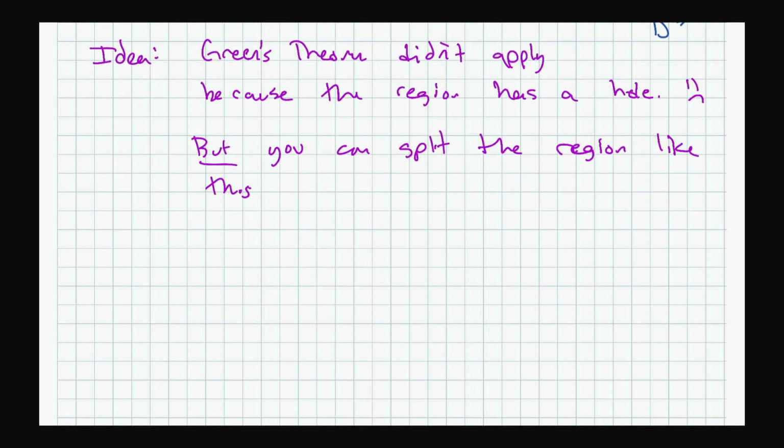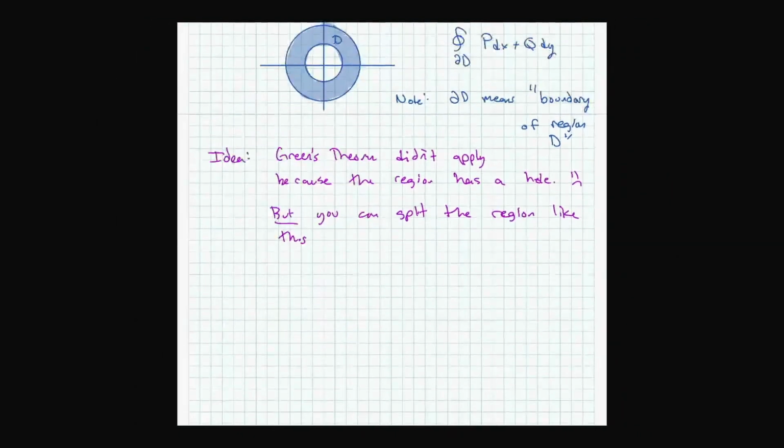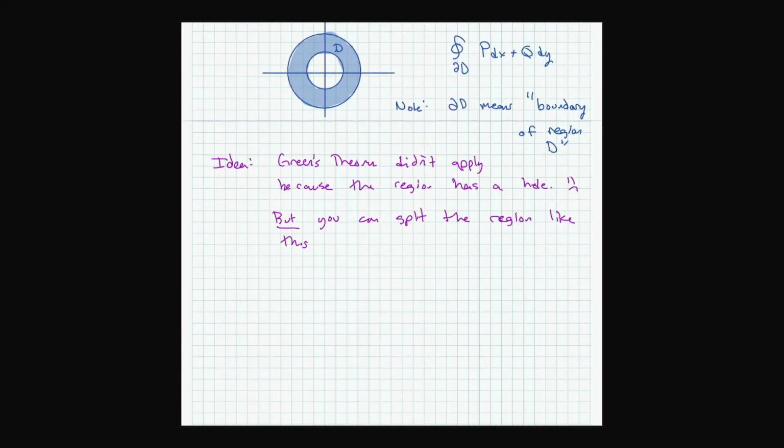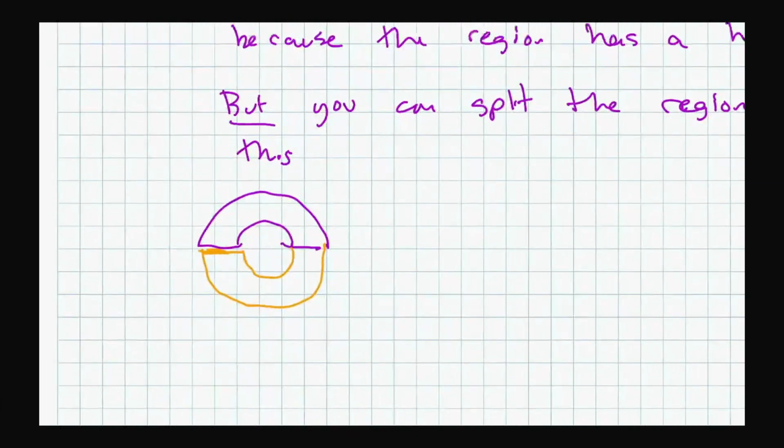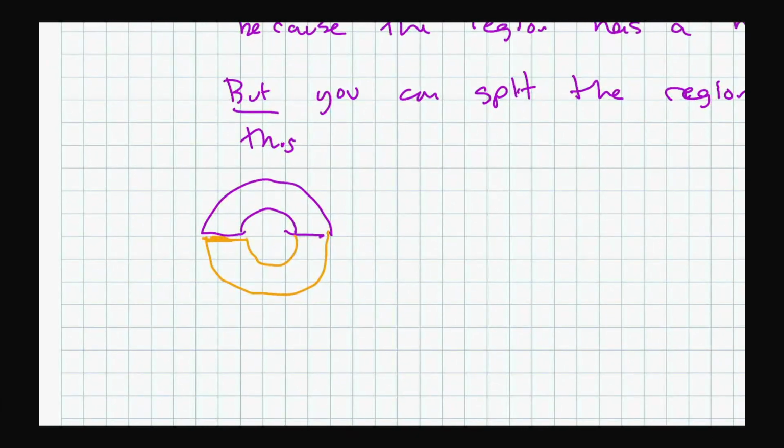So you could split the region like this. You take that shape that we've got up there and split it into two half donuts. You can split that region into a shape like this, and then your C can just be like this, and it has to go around the inside there like that.